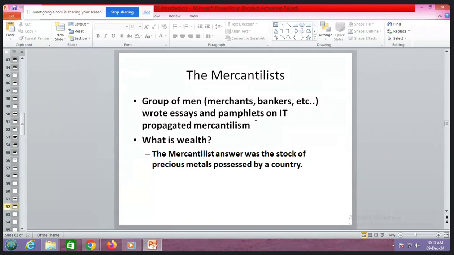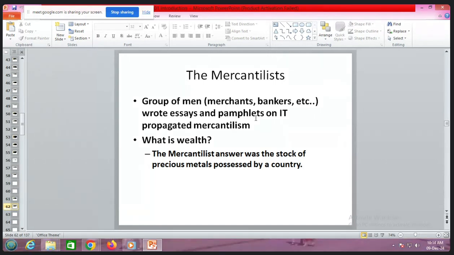Before Adam Smith gave his absolute advantage theory, there were a group of people who wrote essays and pamphlets on international trade. And since the majority of them were merchants and bankers who were involved in trading, the point of view which was given by them was called mercantilism, or the mercantilist view on trade.